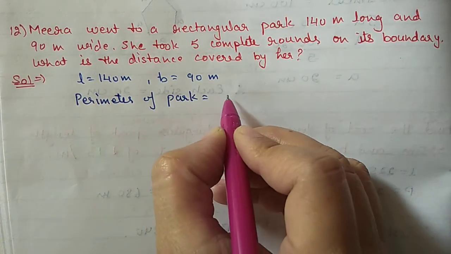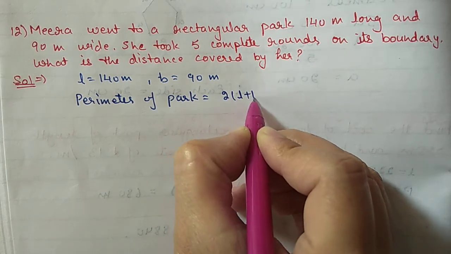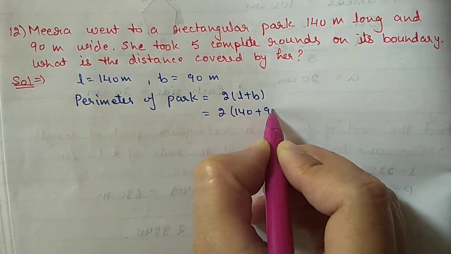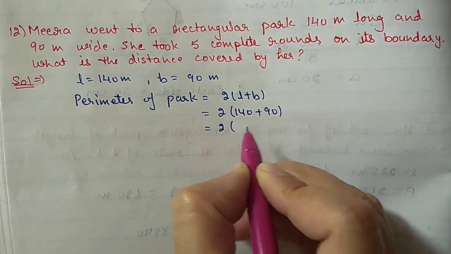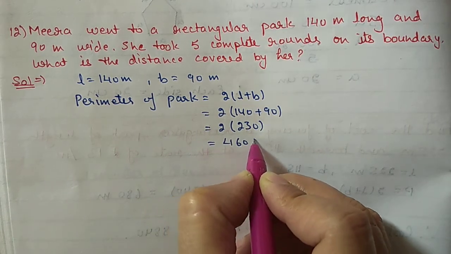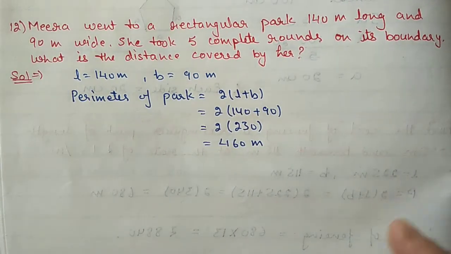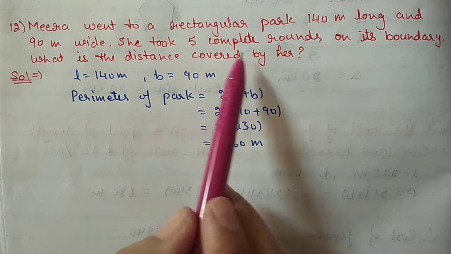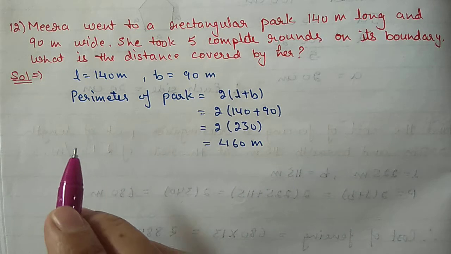This is a rectangular park, so we will use the formula 2 times (L plus B). Length is 140 and breadth is 90. So 2 into 230 we will get, then we get 460 meter. So 1 perimeter is equal to 460 meter, and she took 5 complete rounds. How much distance will she cover?